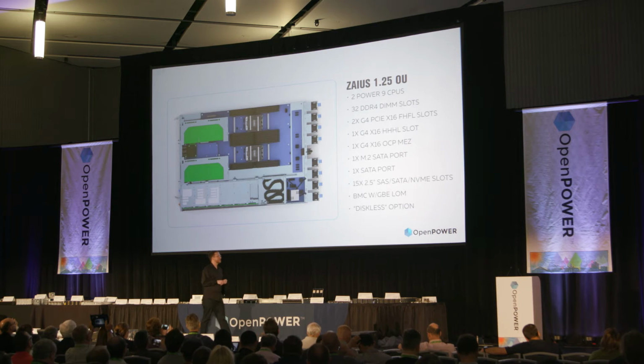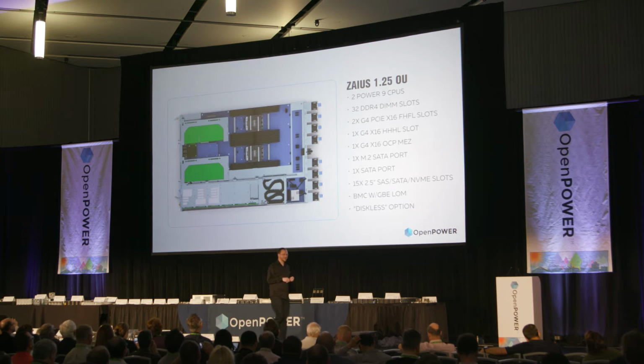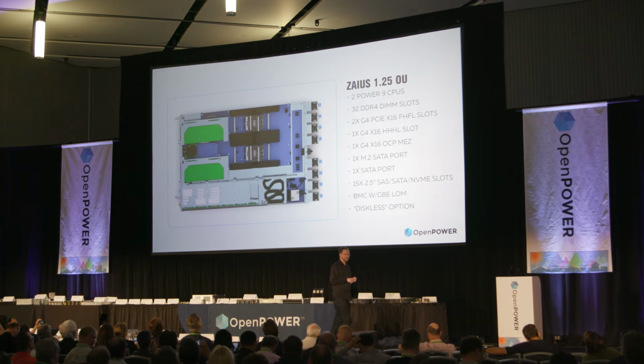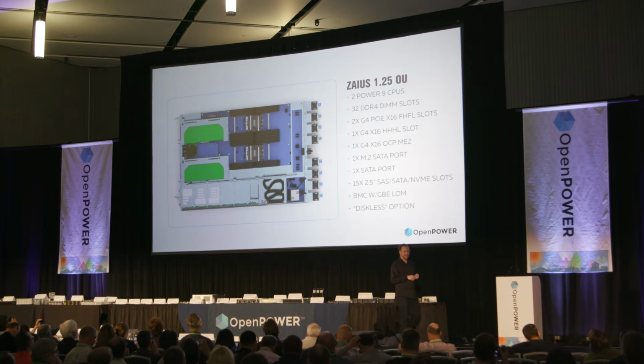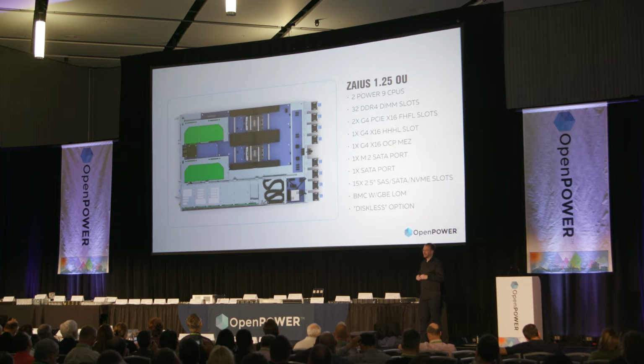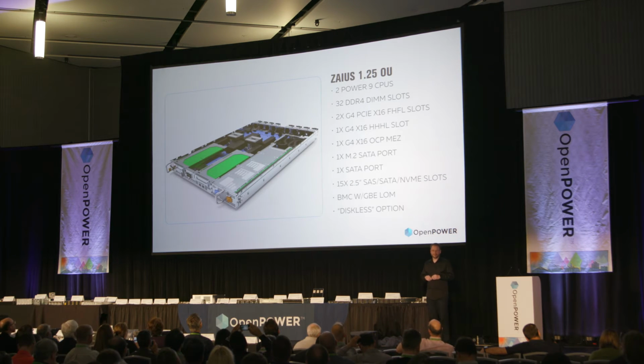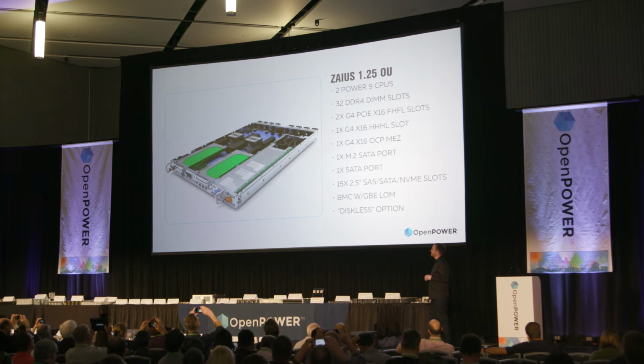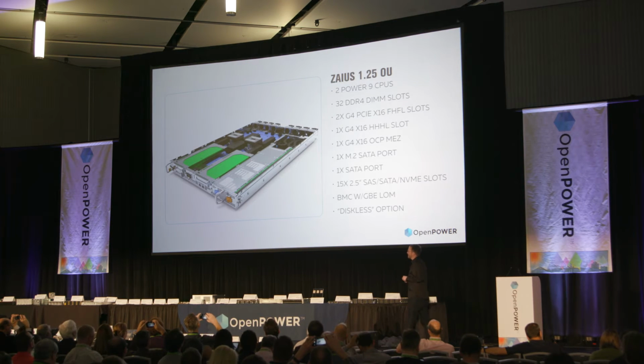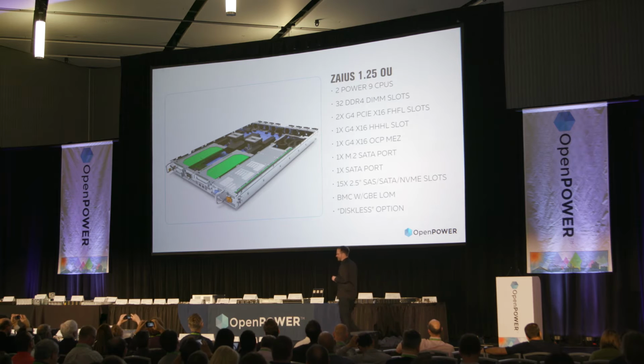But the image you see here is a Barreleye-like form factor that we've modified just a little bit to take advantage of some of the extra capabilities in Power9 and to work with 48-volt power distribution. And that's a rendering of the front of the system. We also developed an option where you can run it without disks for applications that want to save a little bit on cost and power.